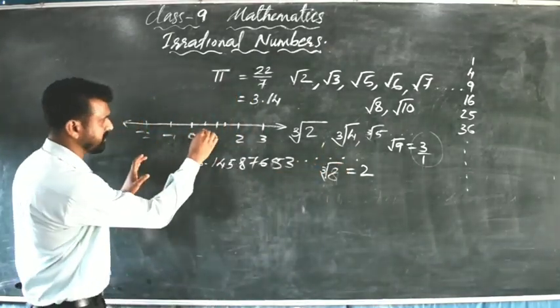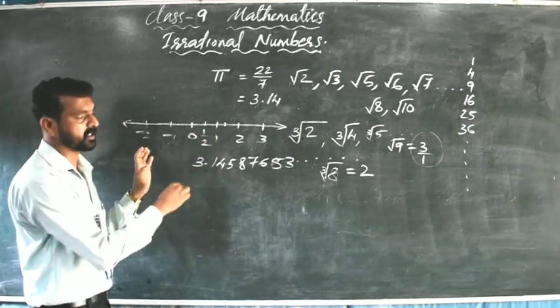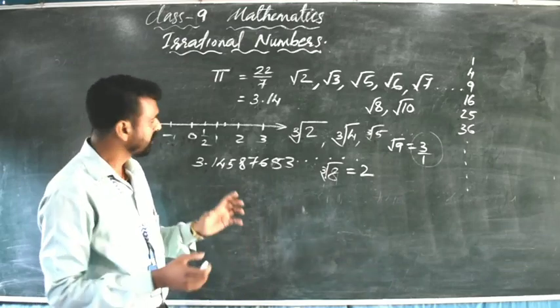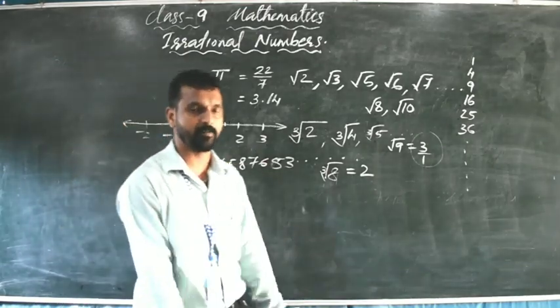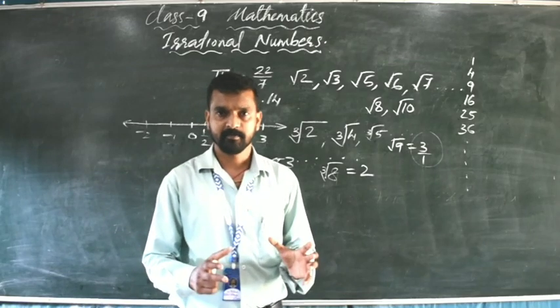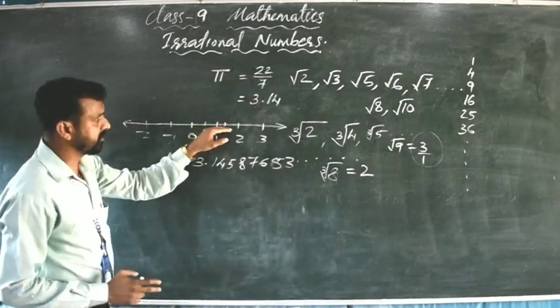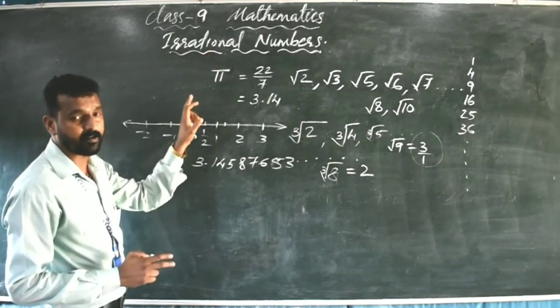After that, collecting all the rational numbers, that is numbers which can be written in the form p divided by q, and putting them inside the bag, now we have the rational numbers in our bag. Then I told that on this number line irrational numbers are also there.